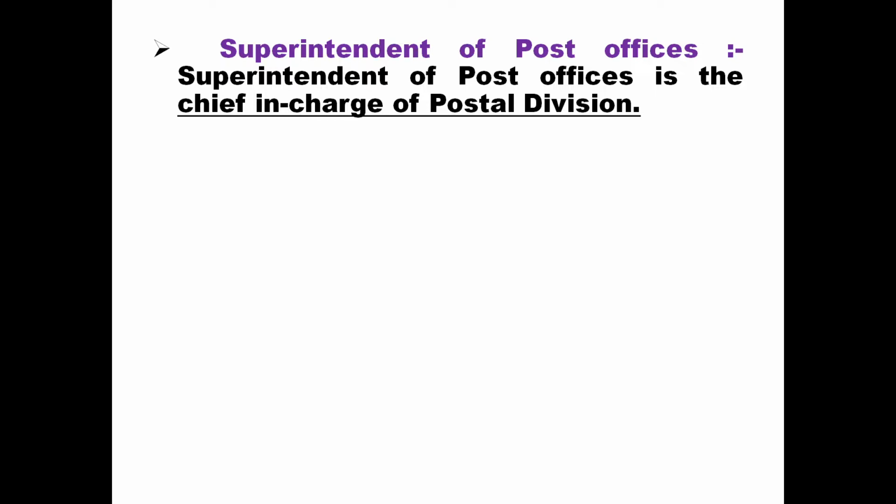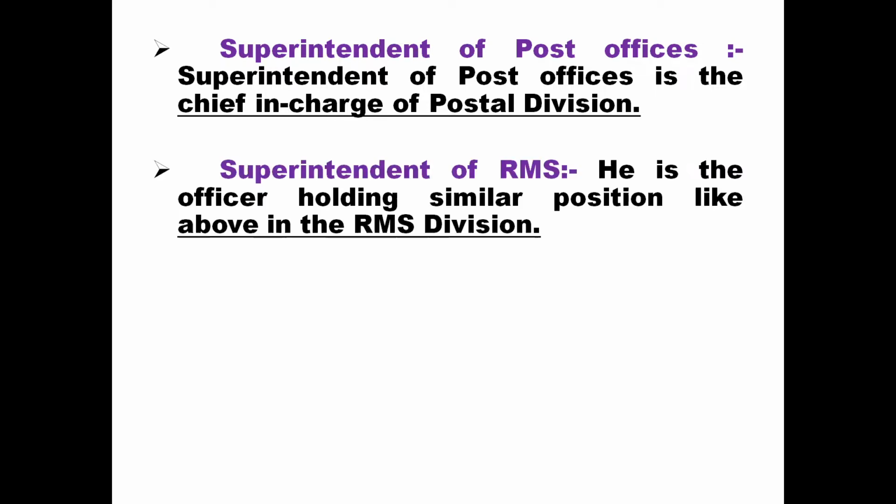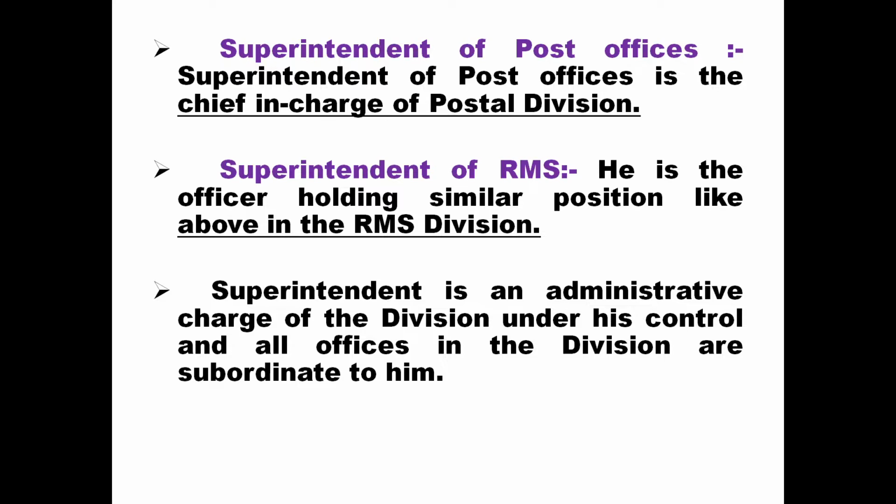The Superintendent of Post Offices is the chief in charge of the Postal Division. Superintendent of RMS. He is the officer holding a similar position to the above in the RMS division. The Superintendent is in administrative charge of the division under his control, and all offices in the division are subordinate to him.